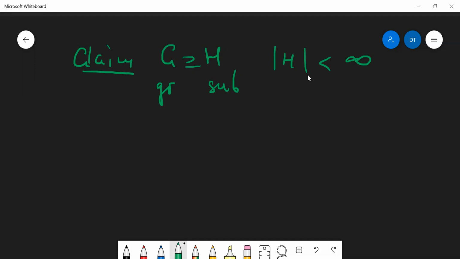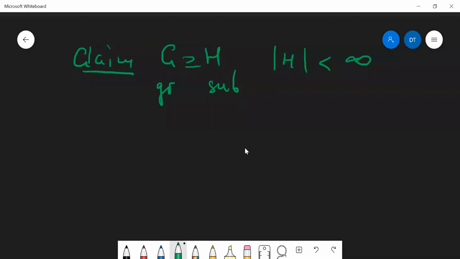This notation means the number of elements inside the set H. Well, it's true in the case of an infinite subgroup, but it's hard to explain what it means that two infinite subsets have the same number of elements. So I just don't want to torture you with all this generality.